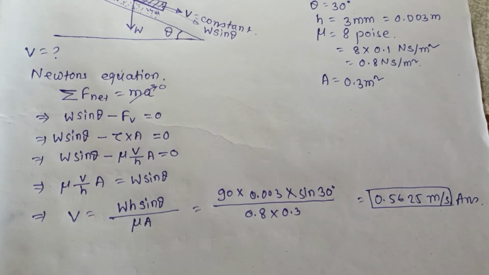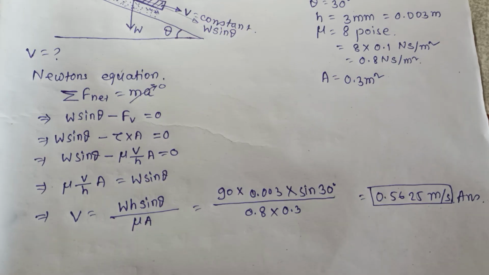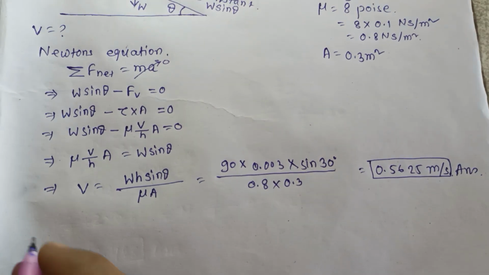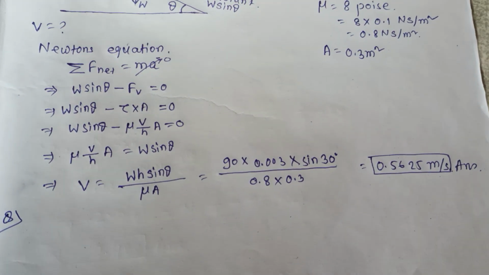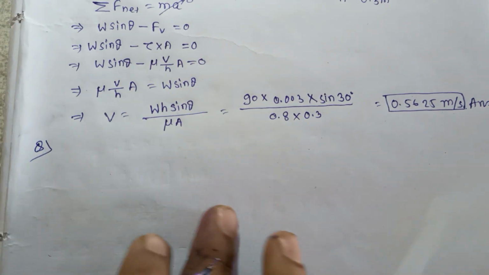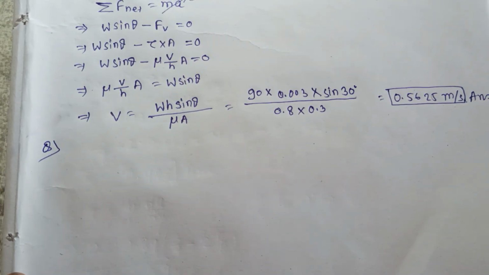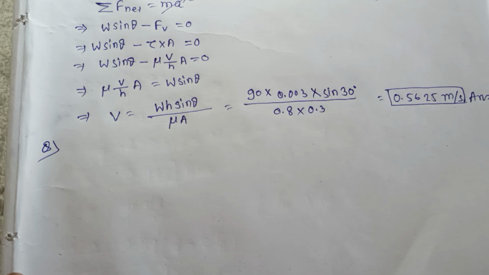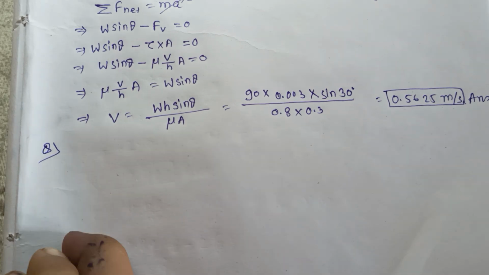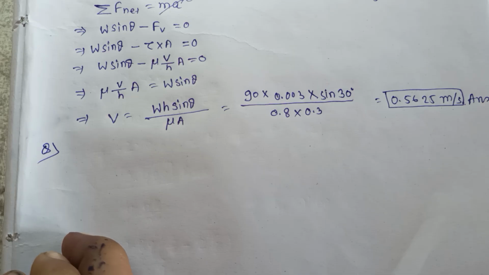Now there is another question, the second question, that is also a very important question. Here there are two types of viscosity fluids. Viscosity of fluid 1 is 0.1 Newton second per meter square, and viscosity of fluid 2 is 0.15 Newton second per meter square, contained between two plates.